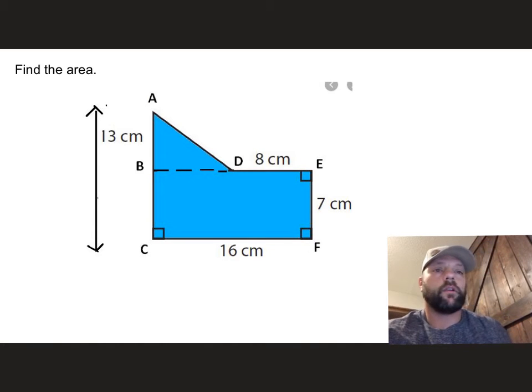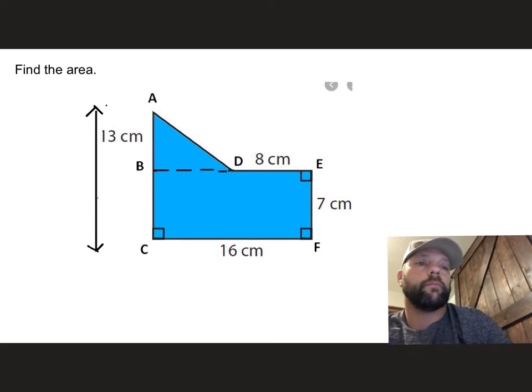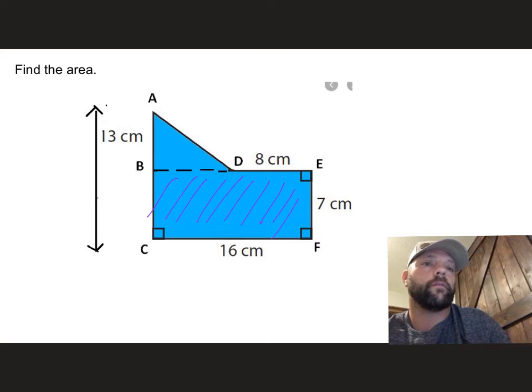All right, let's take a look at this second example. Now would be a good time to pause the video just to double check to see how you're doing. Okay, so as I'm trying to find the area, the shape has been divided up nicely for us. So we have this part right here, and then we have this little triangle up here, okay?